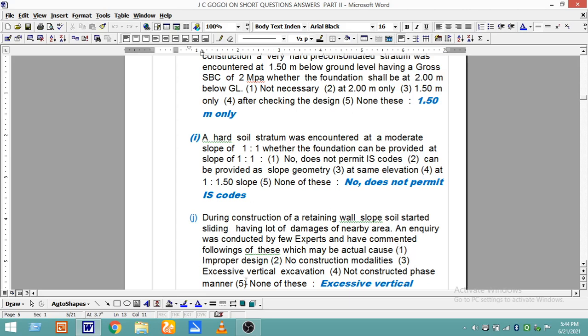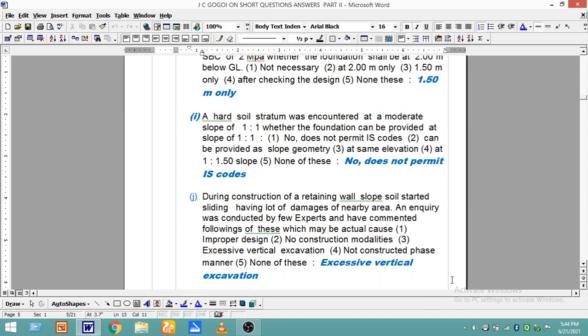Given answers are 1, improper design, no construction modalities, excessive vertical excavation, not constructed in phase manner, none of this. Answer is excessive vertical excavation.